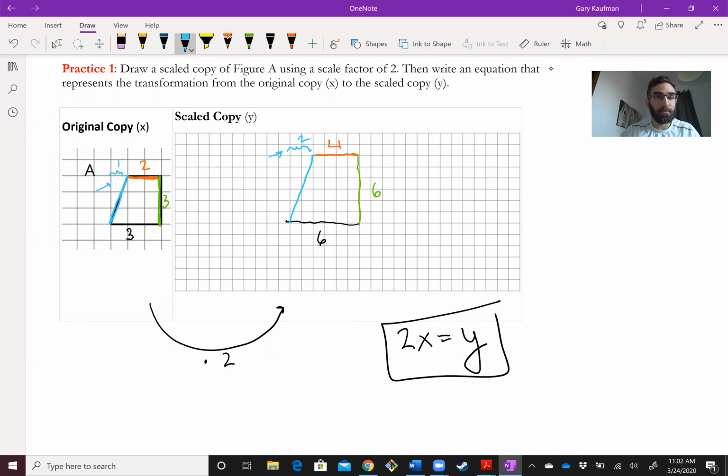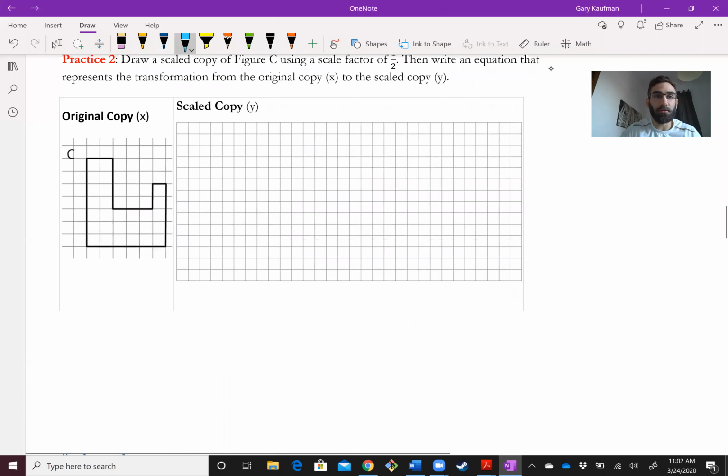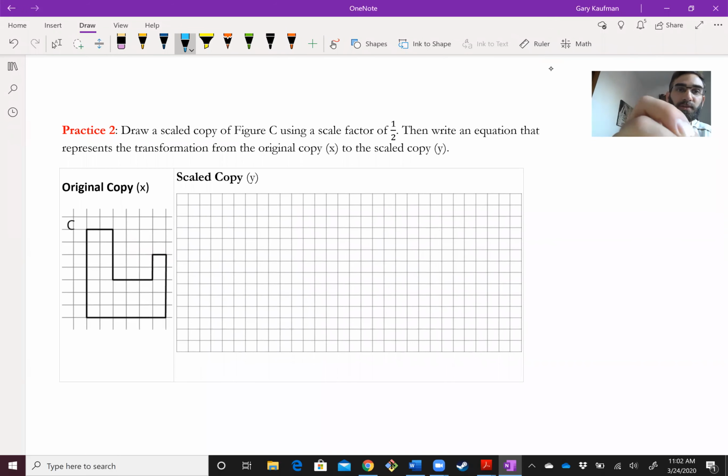All right, here's practice 2. Again, to make my life easier, this is now your orange side. This is now your blue side. Here's now your green side. I'm going to have a dark blue side.